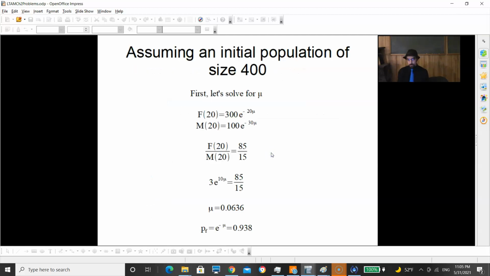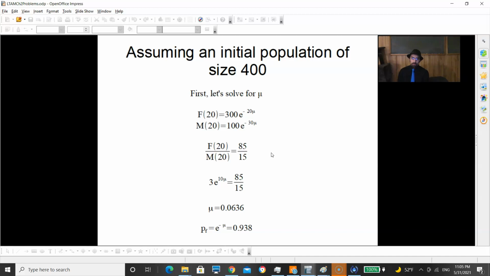Here I just assumed an initial population size of 400. And I said that if f is the number of females after 20 years and m is the number of males after 20 years, we'll have f(20) equals 300 e to the negative 20 mu, and m(20) equals 100 e to the negative 30 mu.